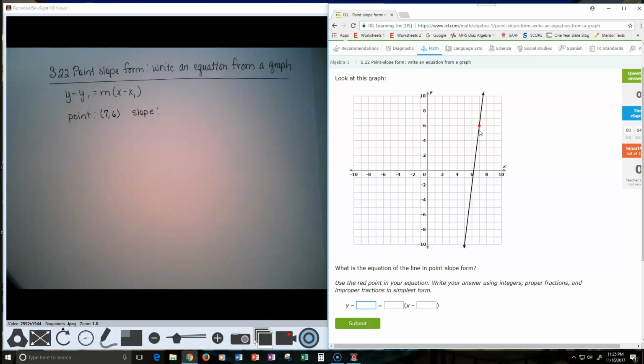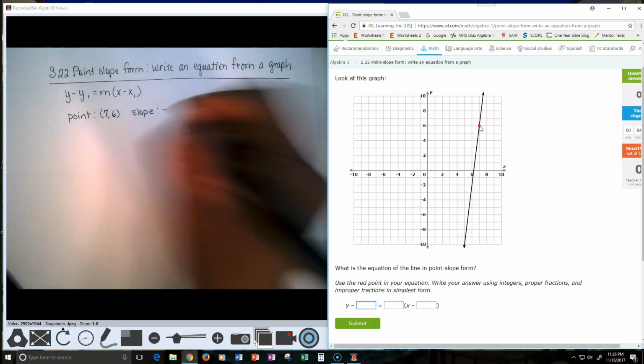Now you can find the slope one of two ways. You can either take 2 points from the line and do the slope formula, y2 minus y1 divided by x2 minus x1, or you can use the graph and count the blocks. I'm going to do both just to verify. So here I am at 7, 6, and I know this is going to be a negative slope. No, it's not.